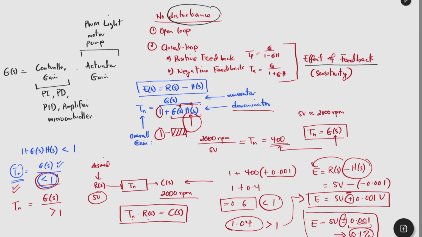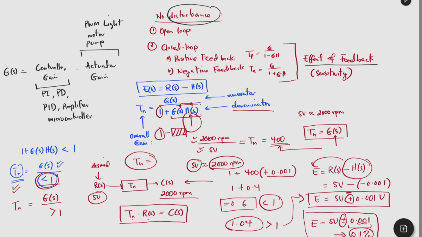And in most cases, we want the transfer function to be equal to a constant value which corresponds to the input and the output, such that 5 volts is equivalent to 2000 RPM. And when we have a slight increase in the denominator of the transfer function, we will see an increase or a decrease in the output, which may not correspond to the desired value of the 5 volts input.